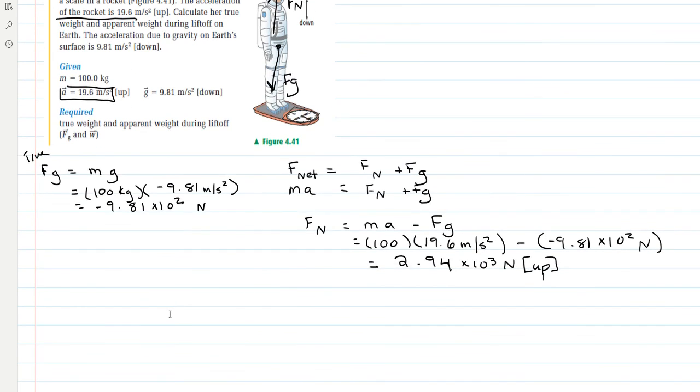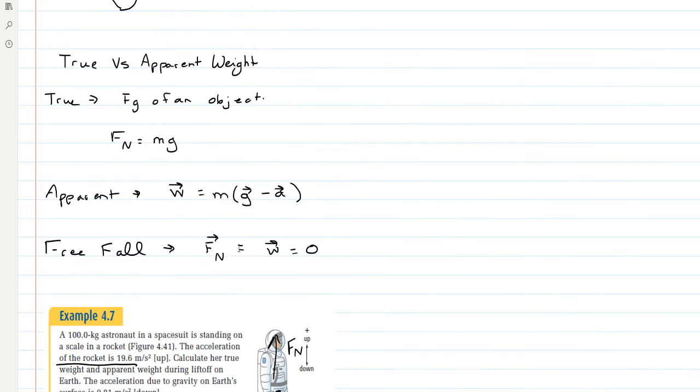Okay, and then to find the apparent weight, the apparent weight is equal to the negative Fn. And that is because of how we get to this equation.